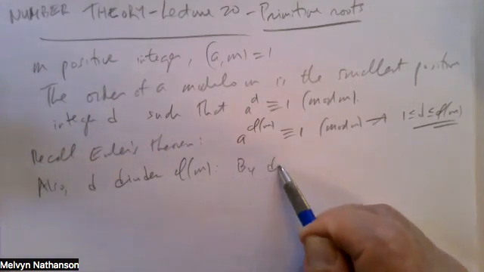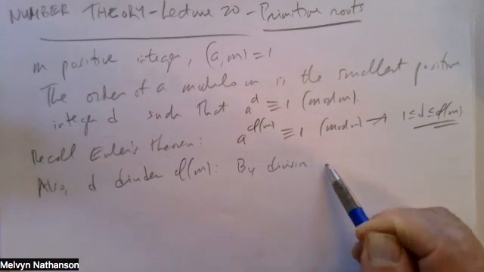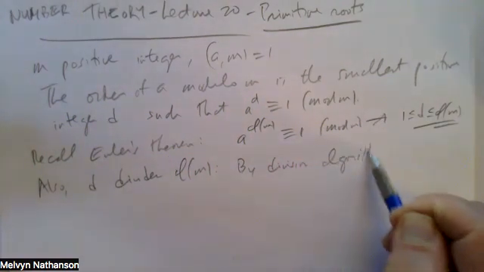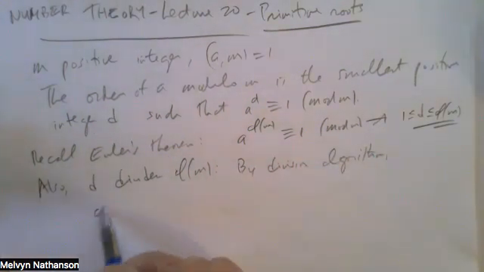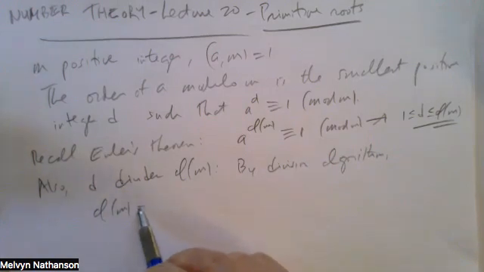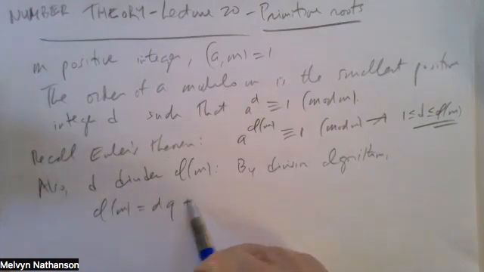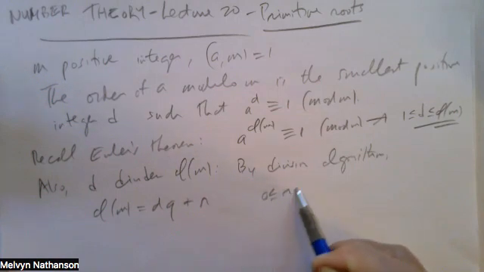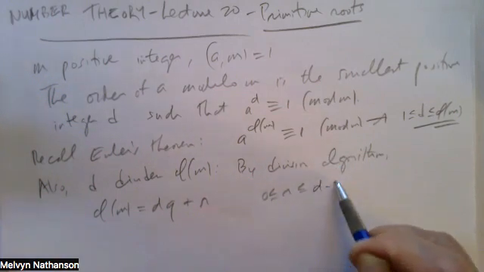By the division algorithm, we can write phi of m divided by d. You get d times q plus r, where r is between 0 and d minus 1.